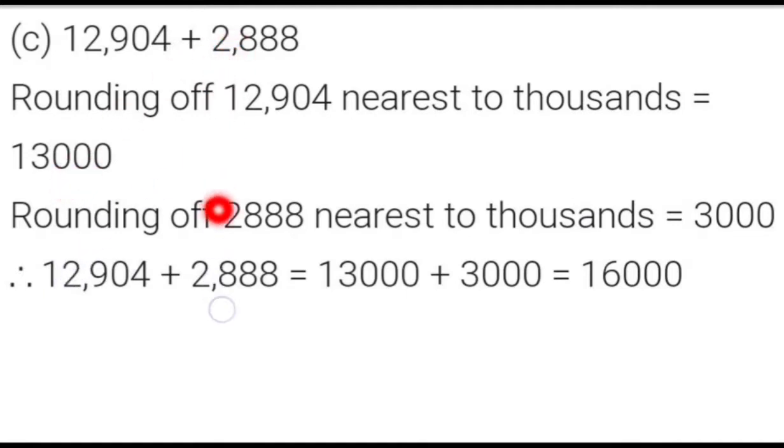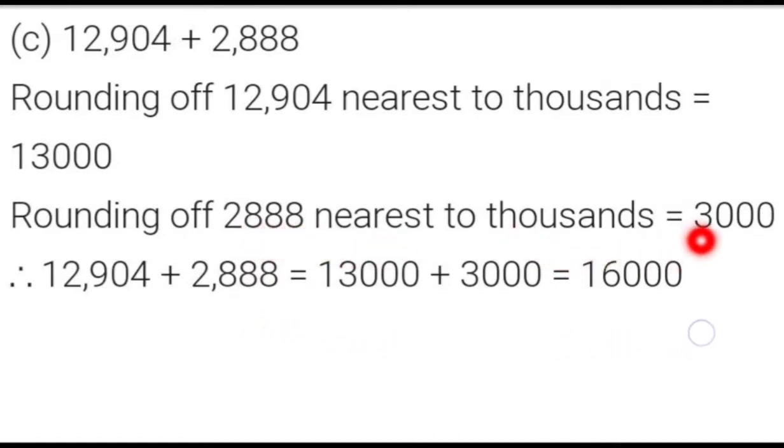Now the next number is 2,888. As the number is going to be rounded off to the nearest 1,000, we know that 2,888 lies between 2,000 and 3,000. And the middle limit is 2,400, but it is beyond that. So we are very close to 3,000.